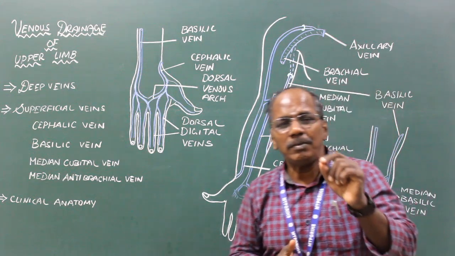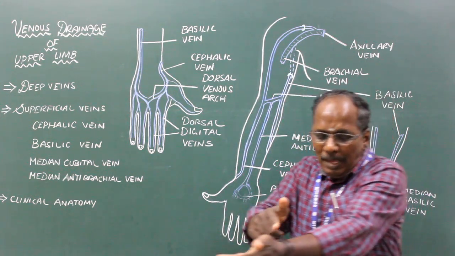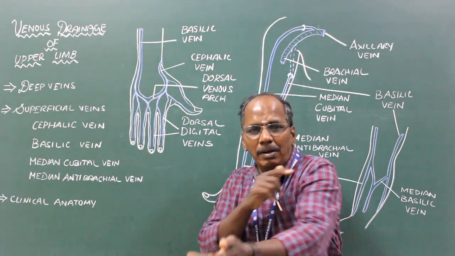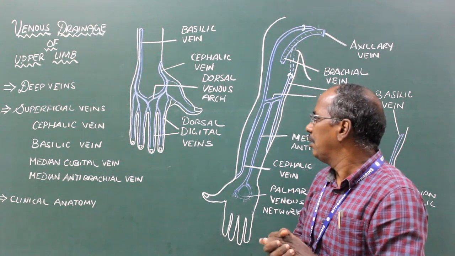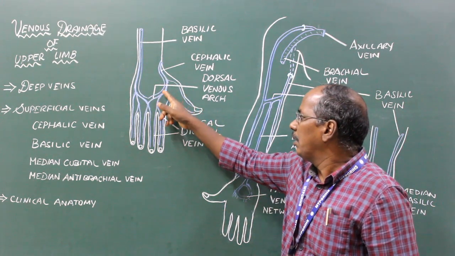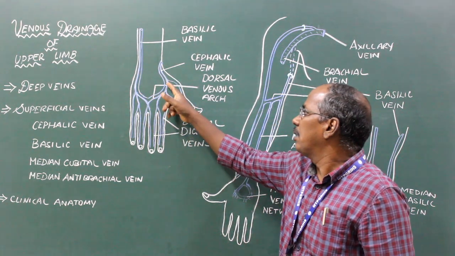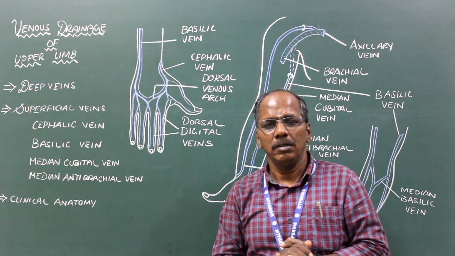It is one of the major superficial veins. It is the preaxial vein of the upper limb. Formation. The lateral end of the dorsal venous arch continues as cephalic vein.